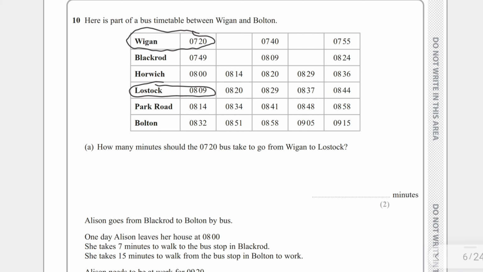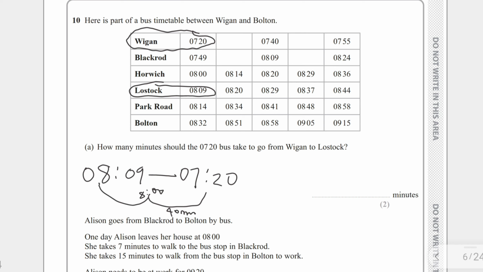So the bus is going to get to Lostock at 8:09. So we have to do the difference between 8:09 minus 7:20. So from 7:20 up to 8 o'clock, that is 40 minutes. And from 8 o'clock to 8:09 is 9 minutes. So altogether, that adds up to 49 minutes.